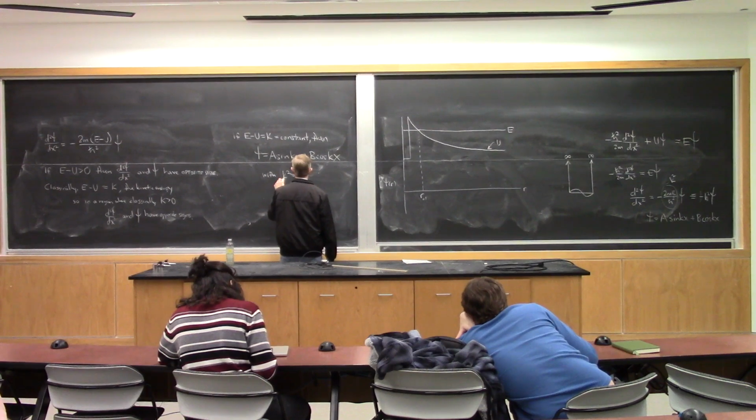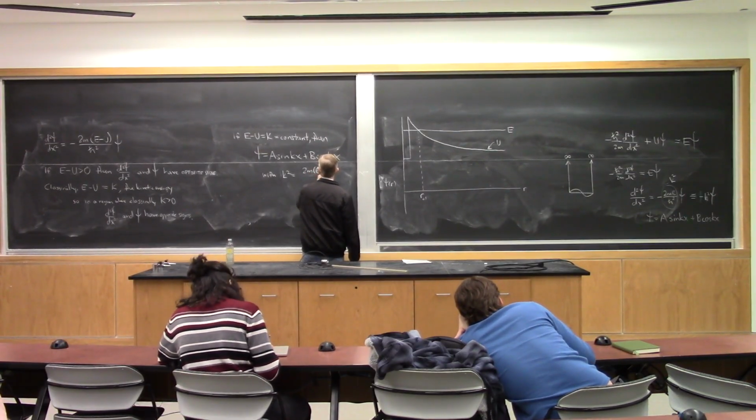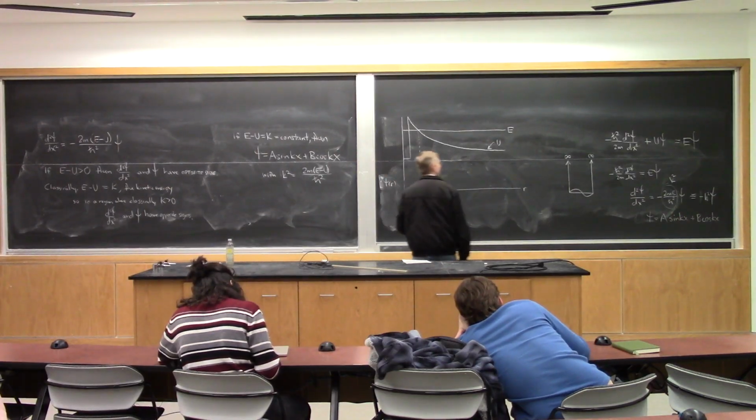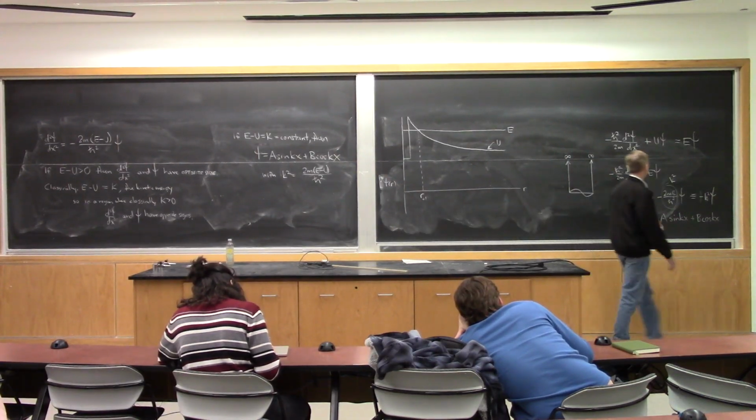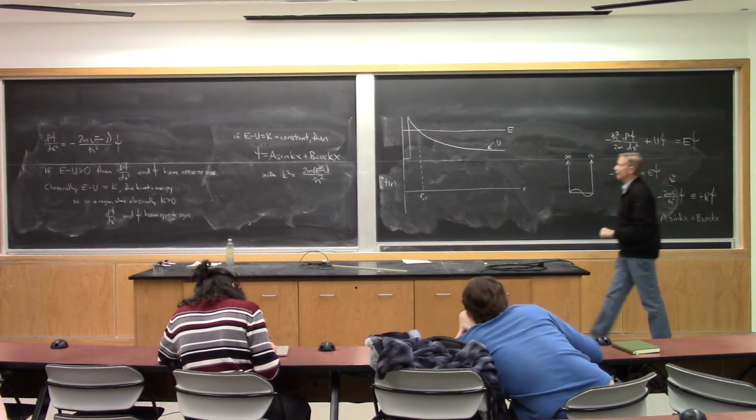Where k squared is, instead of 2mE over h bar squared, 2m times (E minus U) over h bar squared. In other words, it's just proportional to the classical kinetic energy.